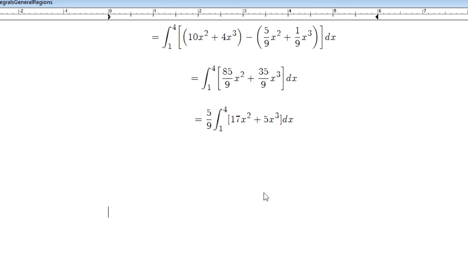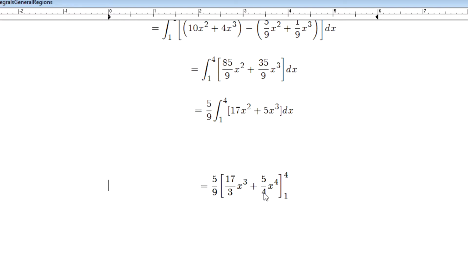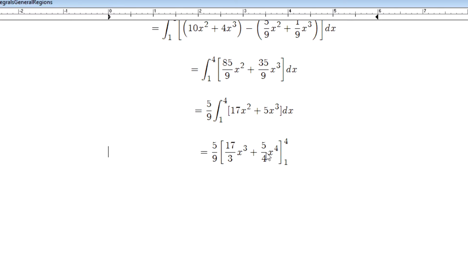Following our fundamental rules of antiderivatives, bumping the power up to 3, divide by 3, bump this power up to 4, divide by 4, I produce this result, which I'm now going to evaluate at 4 for x and take away what the value is at 1.